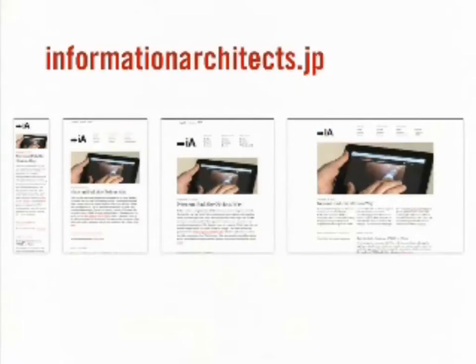But first I want to show you some good examples of responsive websites. I invite you to visit them on your smartphone to see how they react in landscape mode and in portrait mode. If you have an iPad, you can use it right now. The first one is informationarchitects.net.